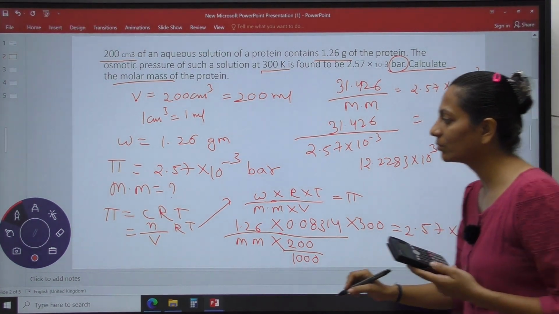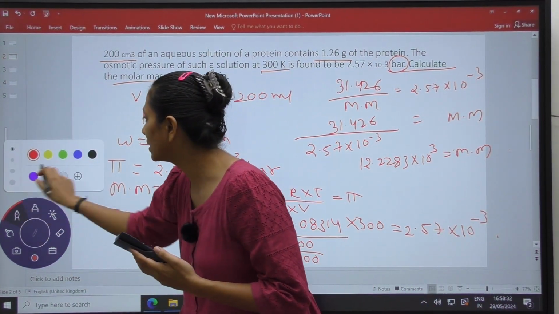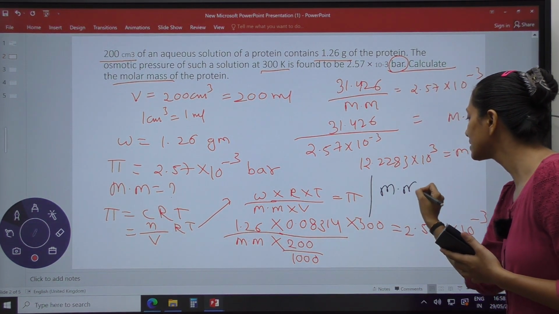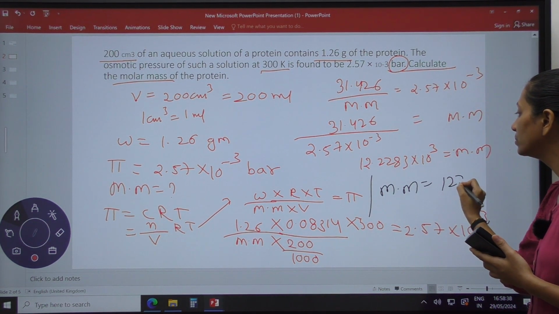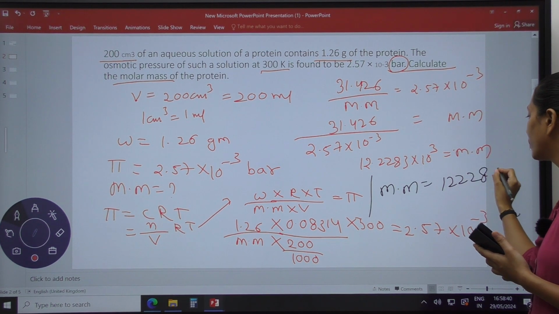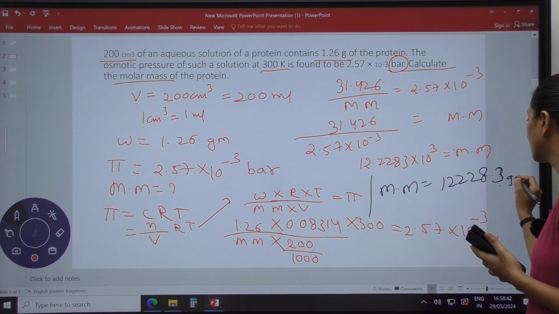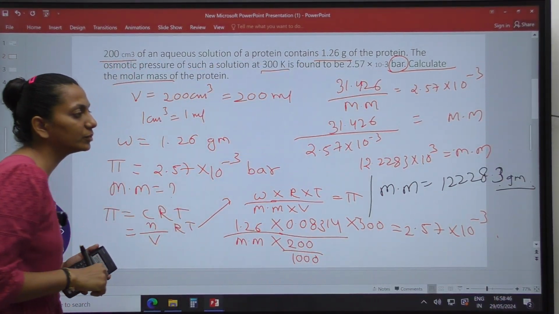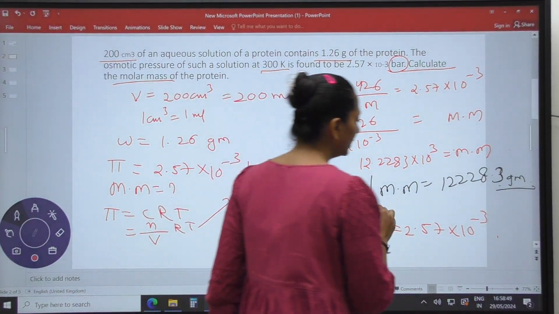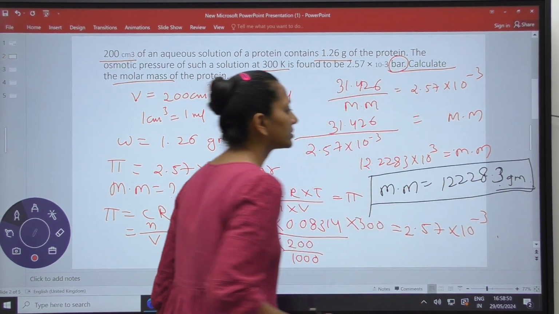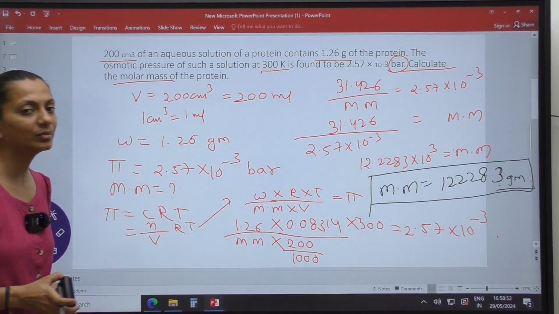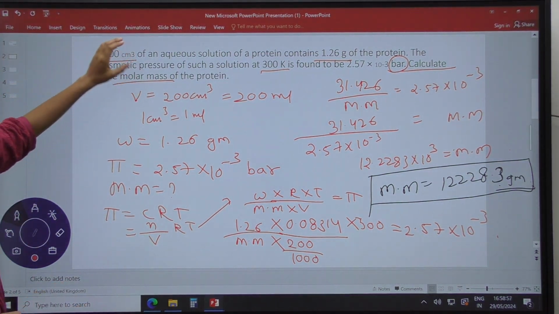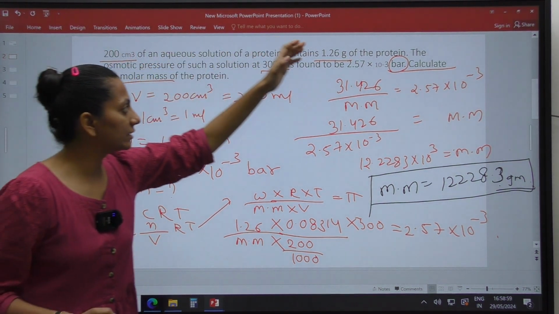So my molar mass is going to be 12228.3 grams. Am I clear? This is the molar mass of the protein which has been used. Using the same formula and the instructions I have given you, the volume is given, the weight of the protein is given, the temperature is given, and the osmotic pressure is also given.